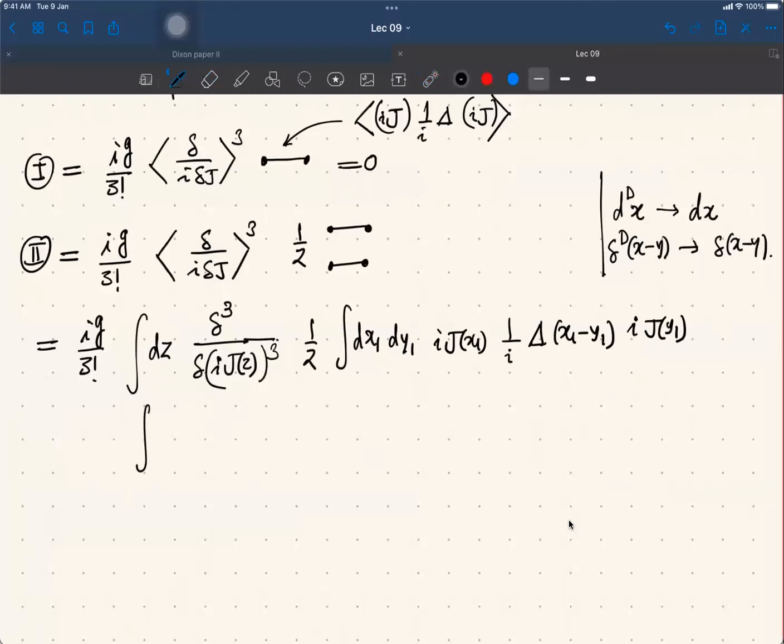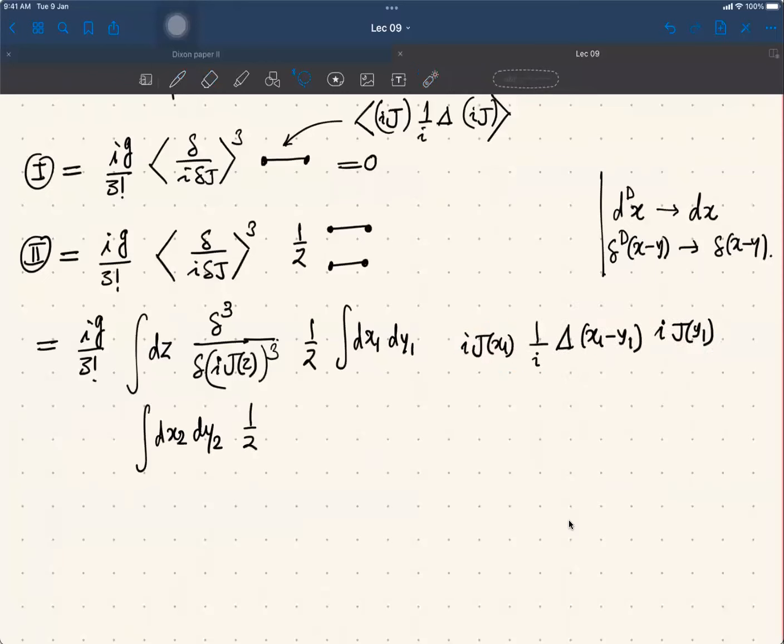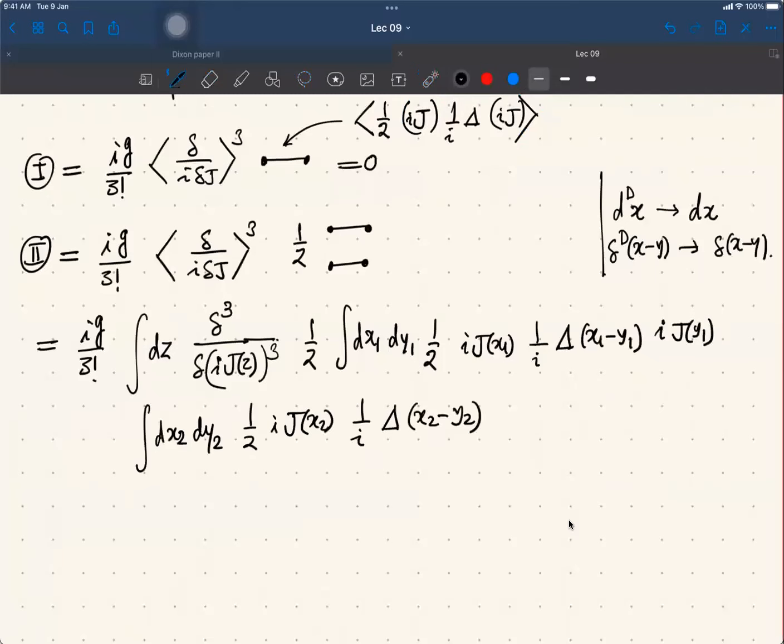and then dx2 dy2, half. There is a factor of half here. Ij x2 1 over I delta x2 minus y2 Ij y2.